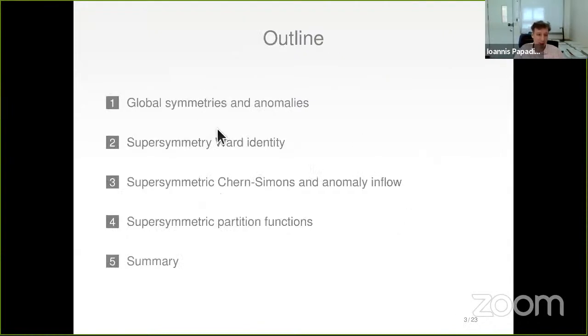So this is the plan of my talk. I'm going to set the stage by reviewing some very basic ingredients that we will need later on. Then I'm going to discuss supersymmetries, in particular the Ward identities and the anomalies that appear. And I will discuss supersymmetric anomaly inflow and what consequences this phenomenon has in supersymmetric partition functions.